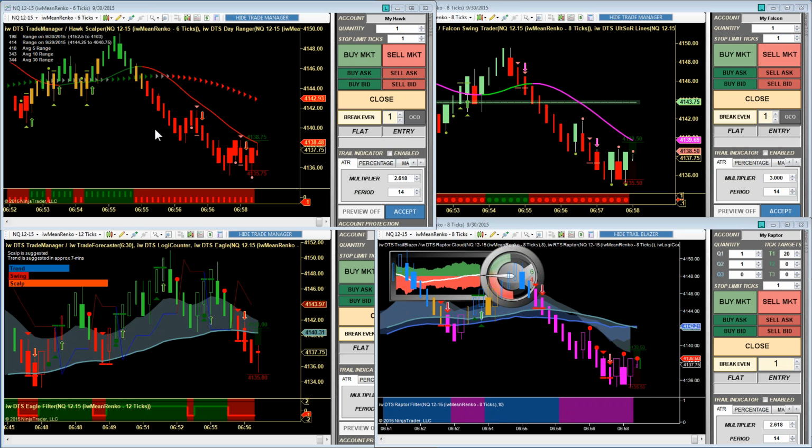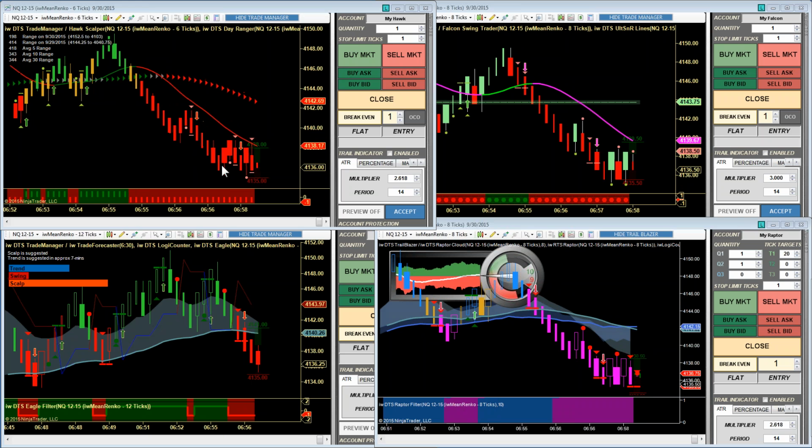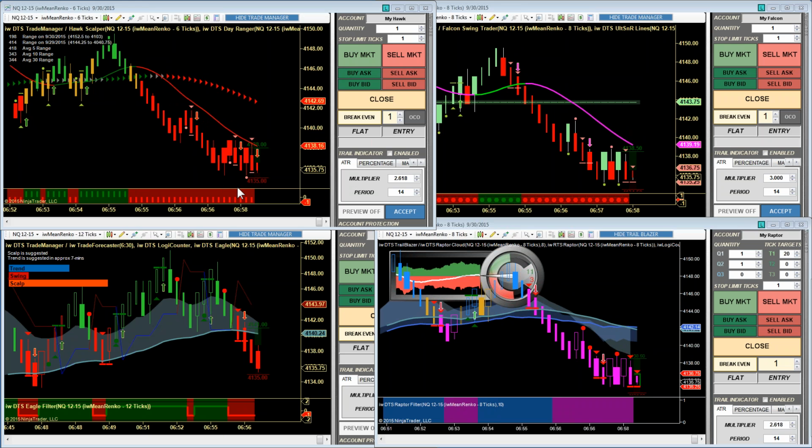That might build into a 4-arrow consolidation, or maybe even a macro pullback, which would be a desirable trade to take. If they do start to rally here, though, they do have some room.